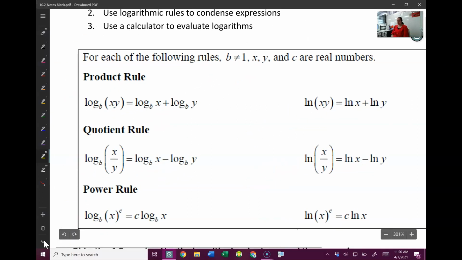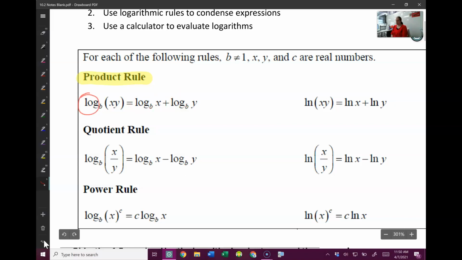So the first rule we're going to introduce today is the product rule. And my motto for all of these rules is kind of like a cheesy infomercial where it says, but wait, there's more. That's what these logarithm rules do. They take you from one logarithm and they say, but wait, there's more.